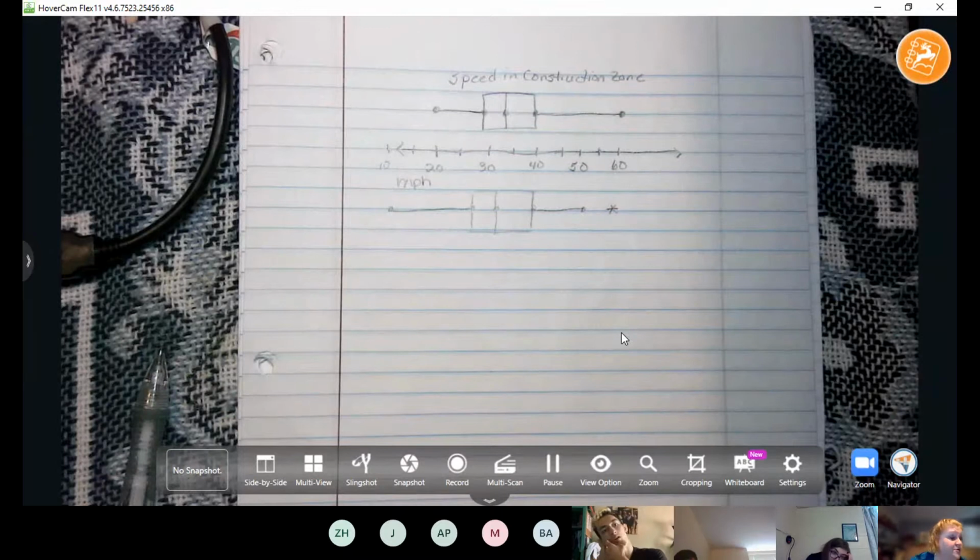So does that help give you a view and an example of how to create your box and whisker plots? Sometimes people have not created box and whisker plots before, so that can be something new for people. Any questions?